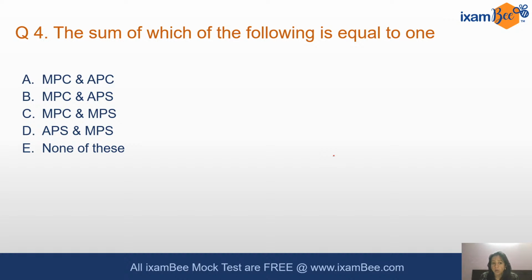MPS is marginal propensity to save, and APS is average propensity to save. So what is marginal propensity to consume? How do you calculate it? What is the formula for calculating MPC?